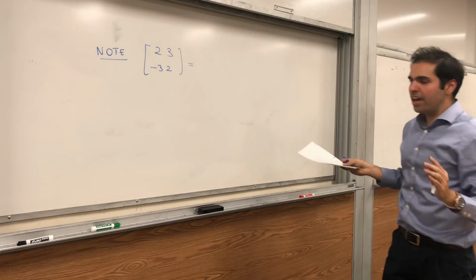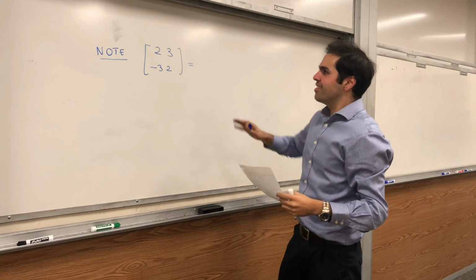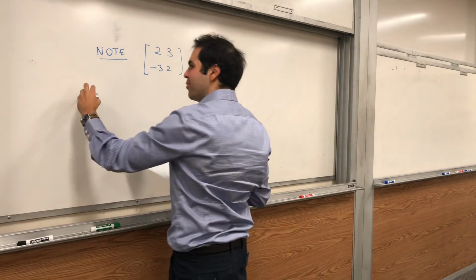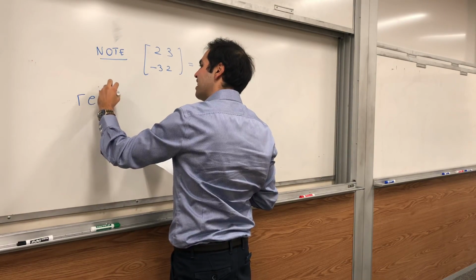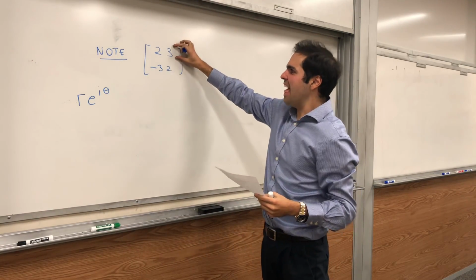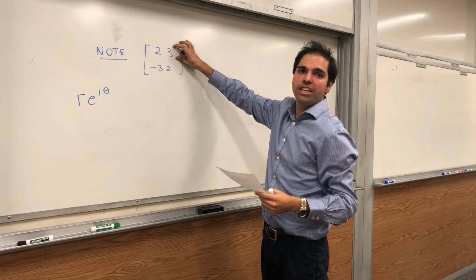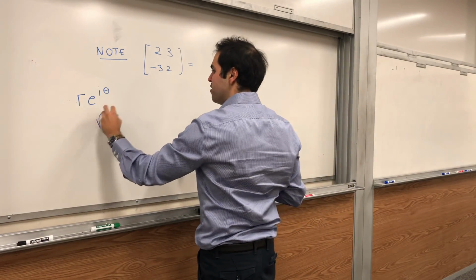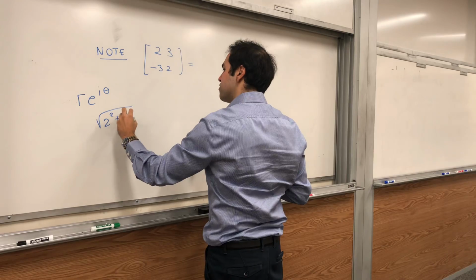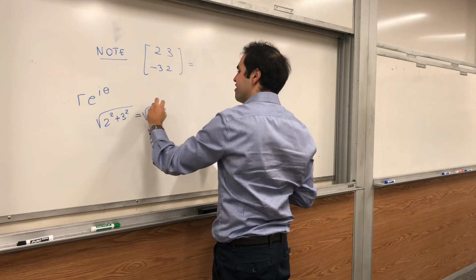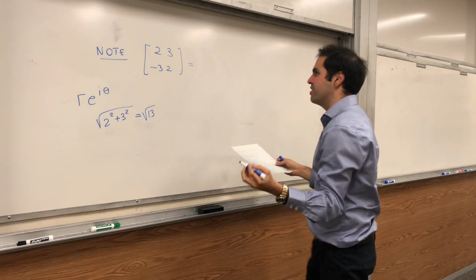And what you would like to do is, just like in polar coordinates, we had r e to the i theta, take out the length of this vector 2, 3. Now the length is square root of 2 squared plus 3 squared, which is a bit ugly, but it's square root of 13.